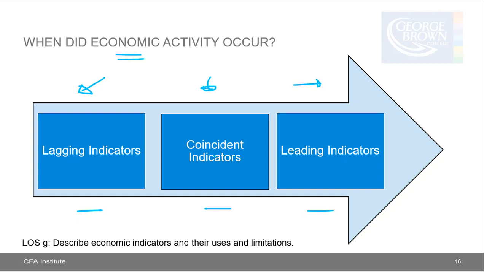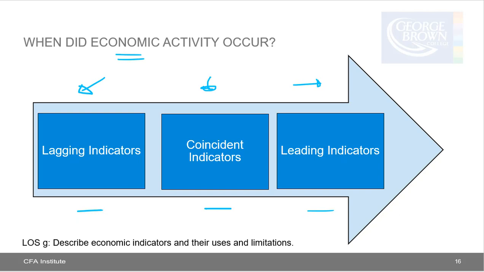An example of a lagging indicator is the employment rate, which tends to fall after economic activity has already declined. Coincident indicators reveal current economic conditions, but they do not have predictive value, so that's an important point. Examples of coincident indicators include industrial production and personal income statistics.